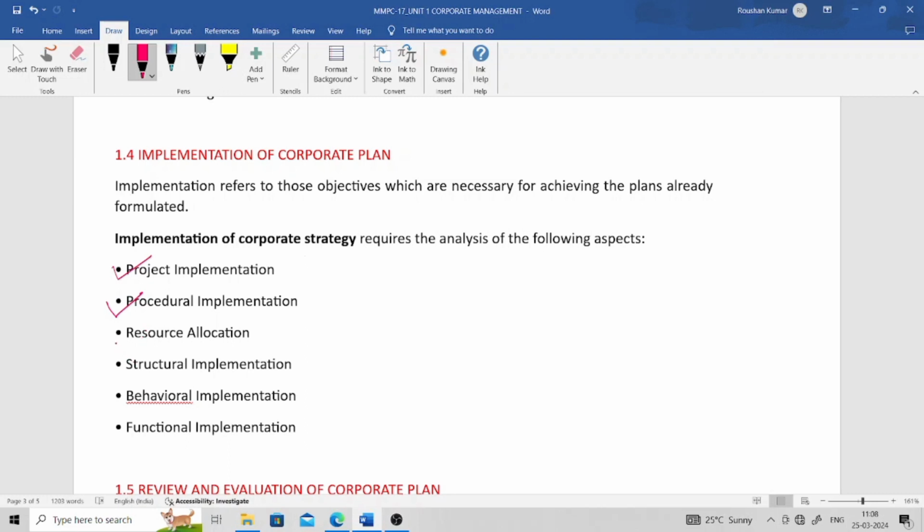Then you have resource allocation, how to allocate resources so that the corporate plan can be implemented efficiently and effectively. Then the next one, structural implementation, means what kind of structure the organization should possess, or how to change the structure according to the requirement for implementation of the corporate plan.